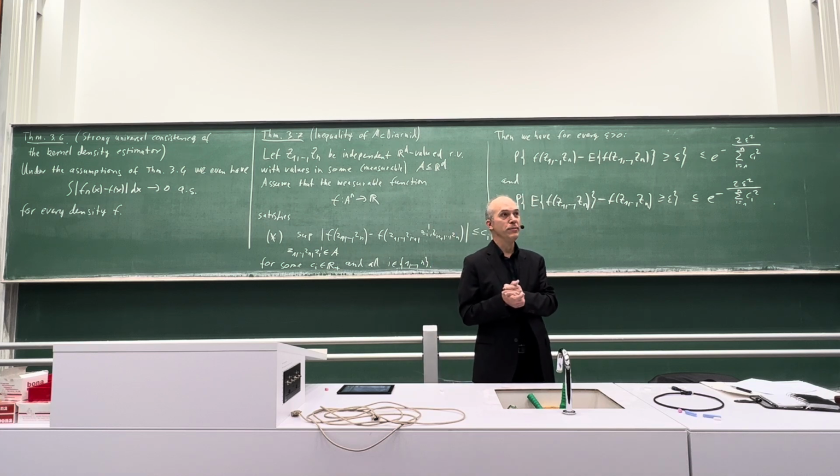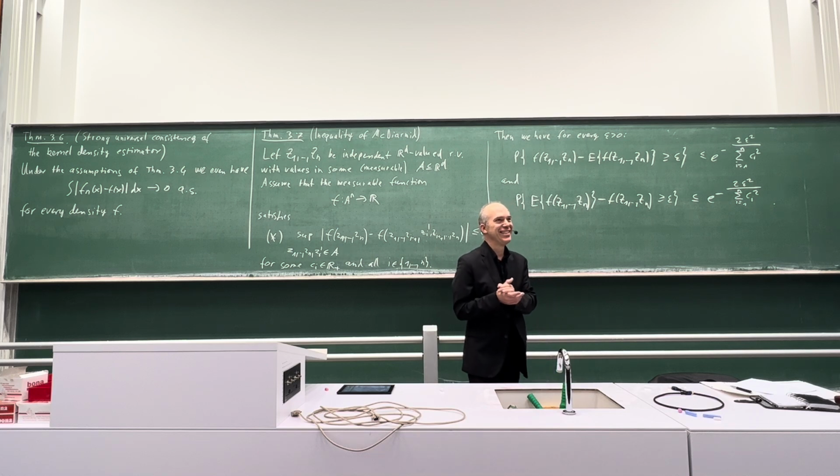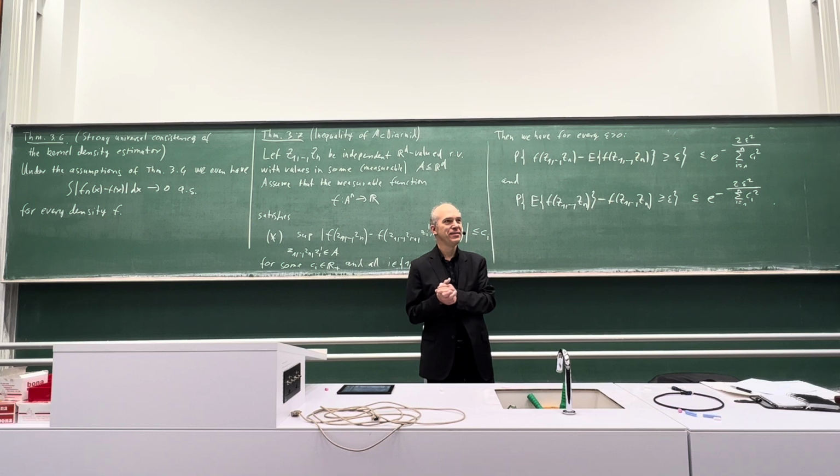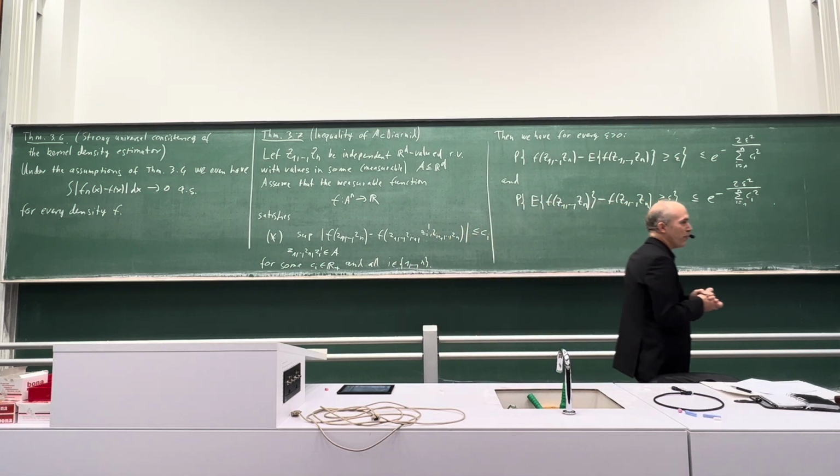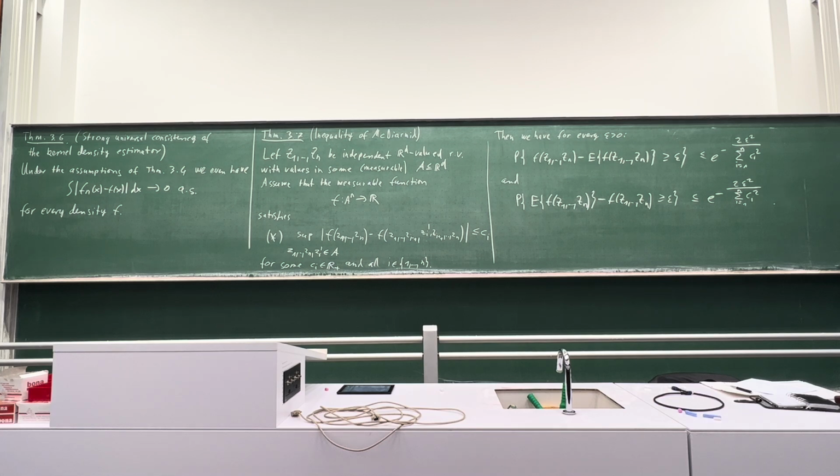Yeah. Any idea? Hoeffding and Bernstein. There's Hoeffding and there's Bernstein. Bernstein you have IID random variables, so this is more of a Hoeffding type.